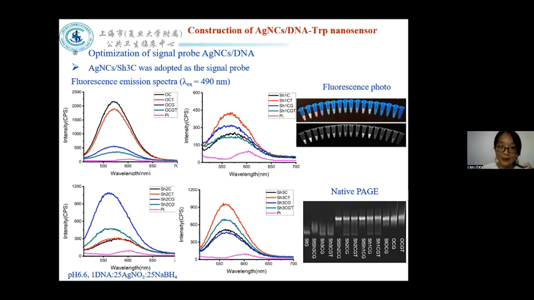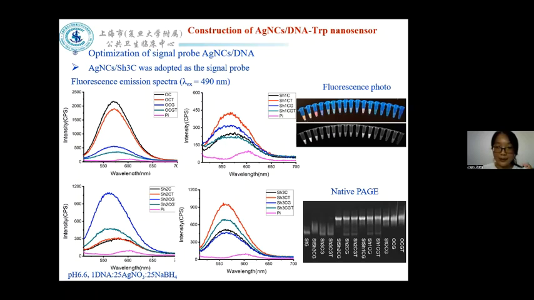We obtain a variety of signal probes, and we conducted the optimization and found that SH3C1 hybridized with the hairpin G capture probe can show the enhanced fluorescence compared with hybrids in the absence of tryptophan. Therefore, SH3C was adopted as a signal probe.